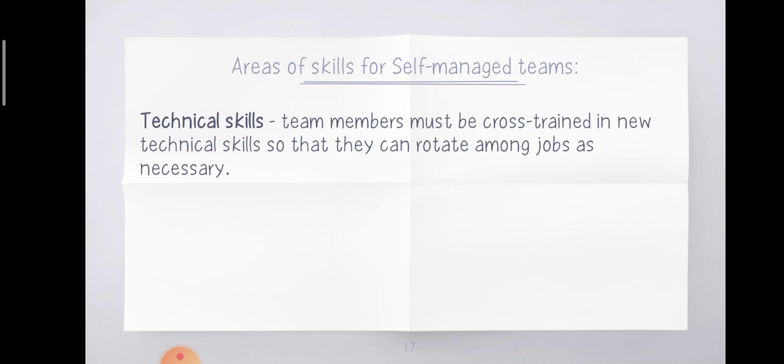Self-managed teams should possess these areas of skills. Number one is technical. Of course, team members must be cross-trained in new technical skills so that they can rotate among jobs as necessary.